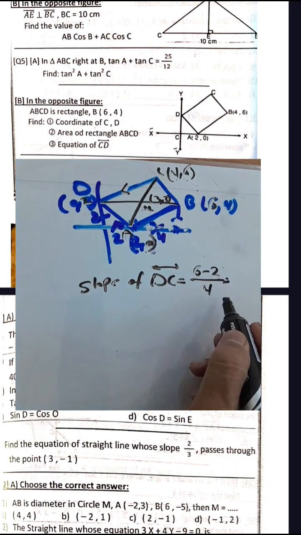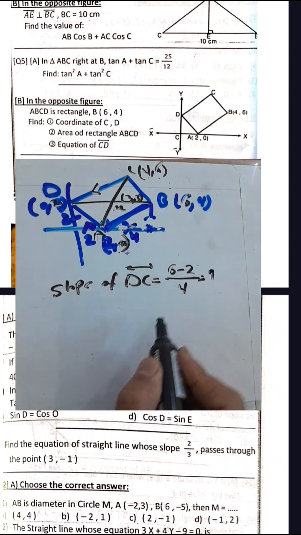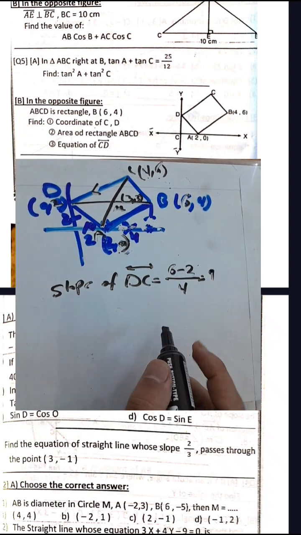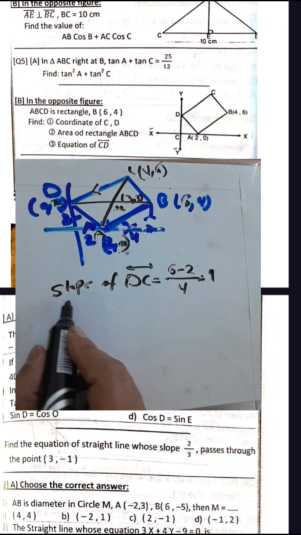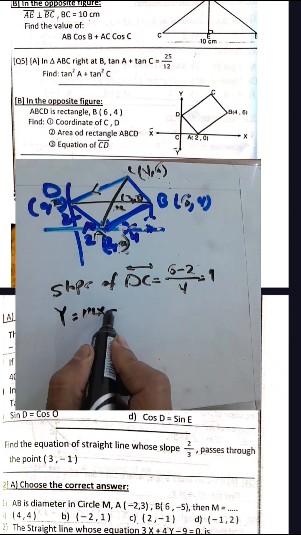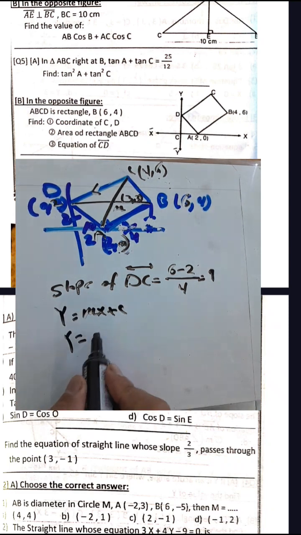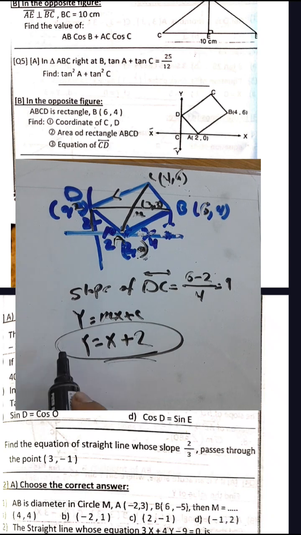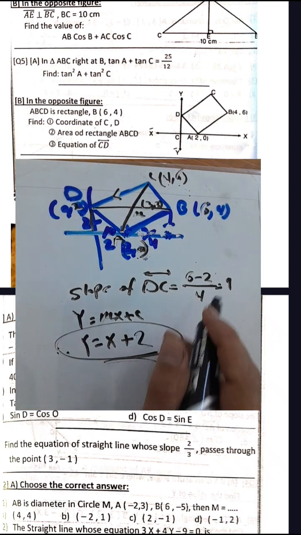The result will be 6 minus 2, 4, 4 divided by 4, 1. Okay, the slope here, y equals mx plus constant, y equals 1 times x, equals x plus constant. Here this part is 2. This is the equation of the straight line CD.